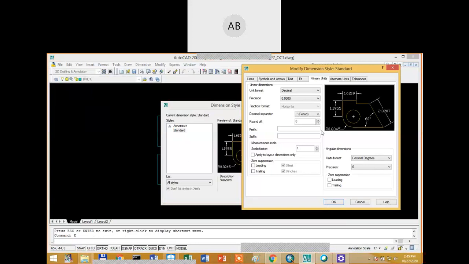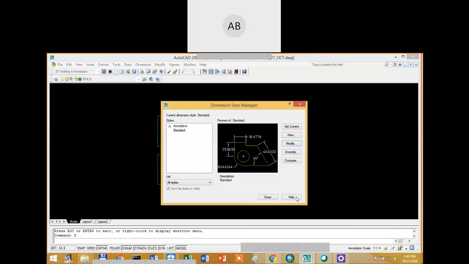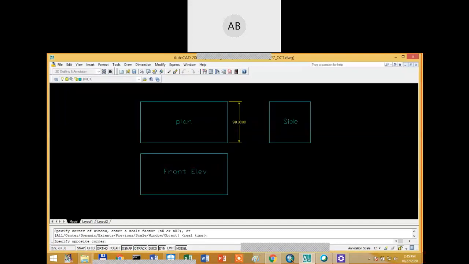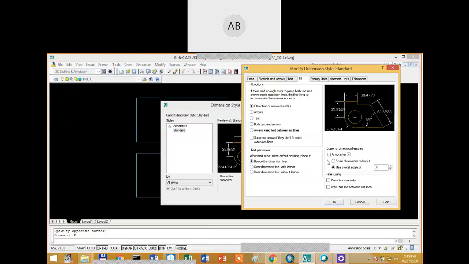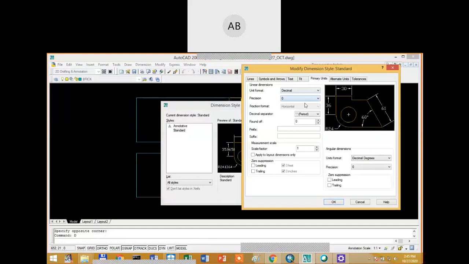Fit, overall scale of maybe 50. Okay. Primary unit, no need for so many decimals.